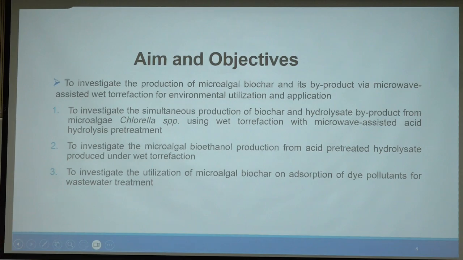The second part is how we convert the acid hydrolysis product from the first study into bioethanol. The last objective is to utilize the microalgae biochar as a bioabsorbent for dye pollutants in wastewater treatment.